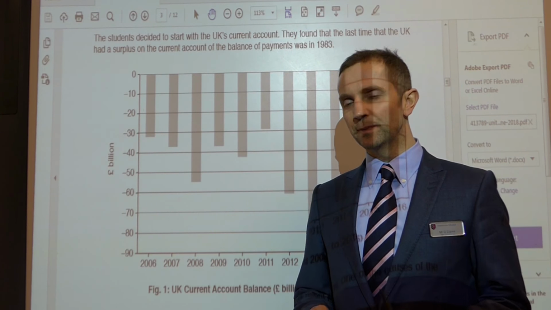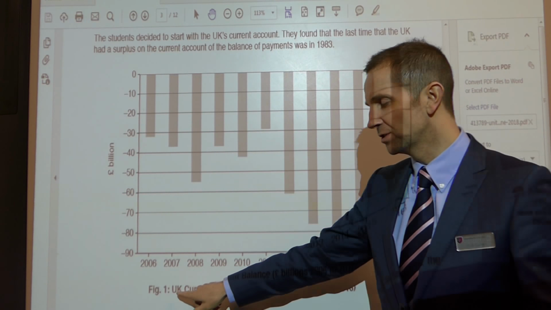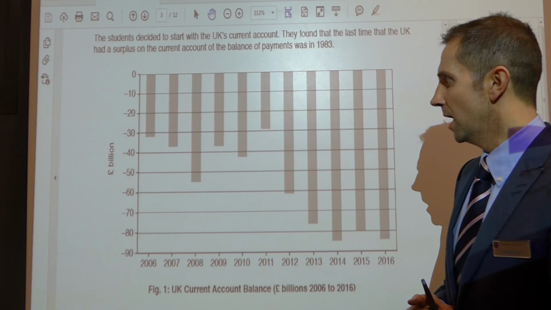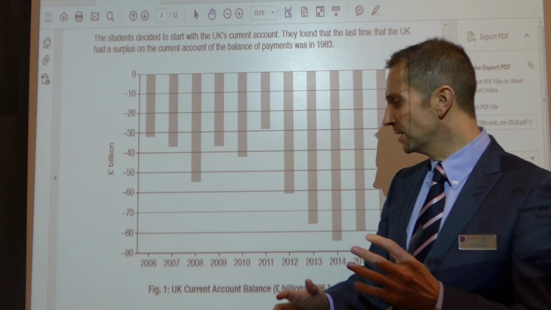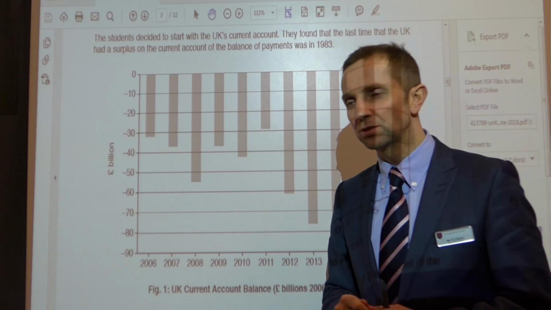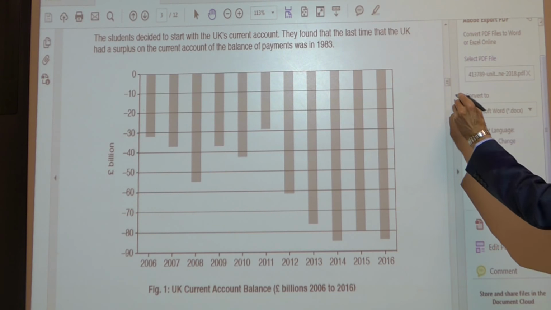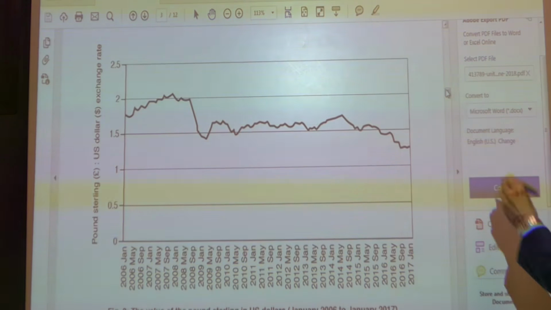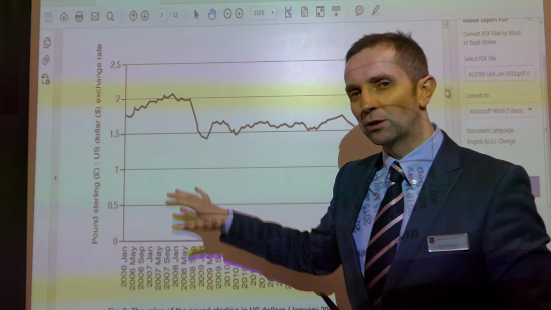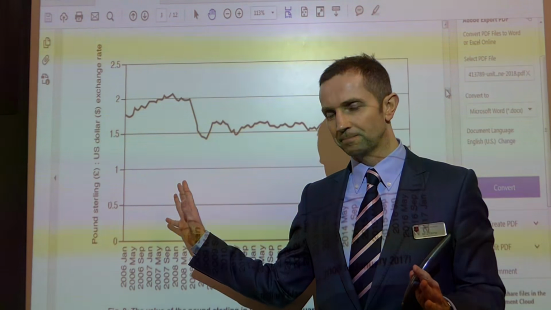And you'll know that we've been looking at the current account specifically with reference to figure 1. And today I want to try to link that to what appears in figure 2. So you will be well aware, I'm sure, that figure 2 then moves into the exchange rate.